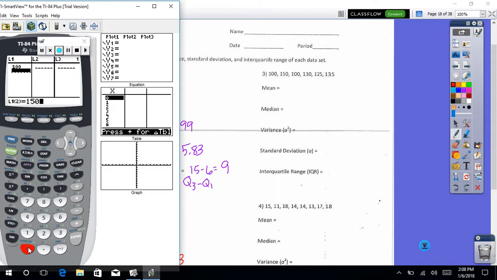Again, it's meant to help you make your life easier. Okay, a mean of 123.33.